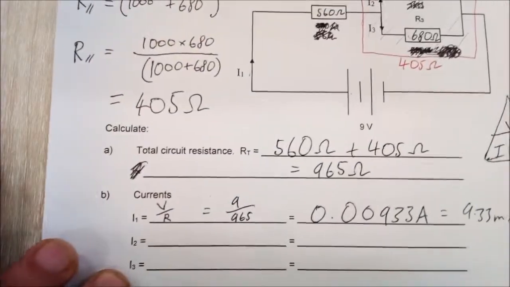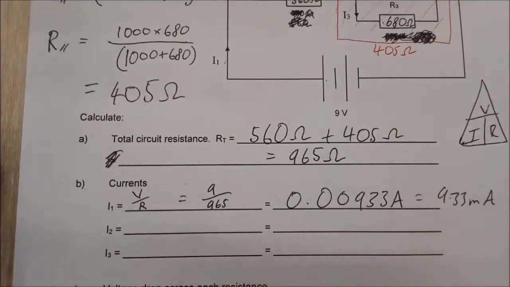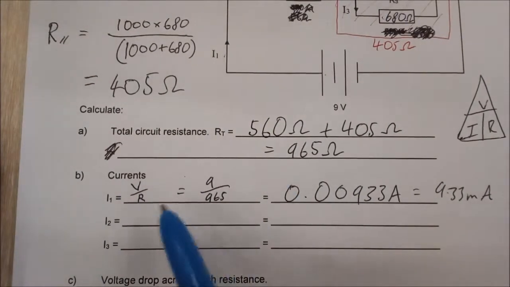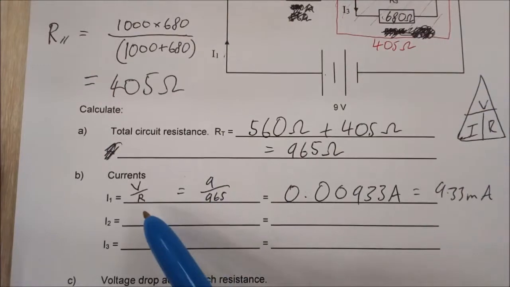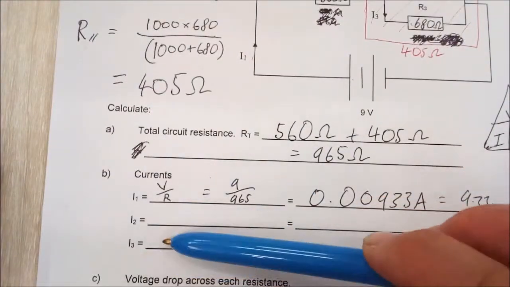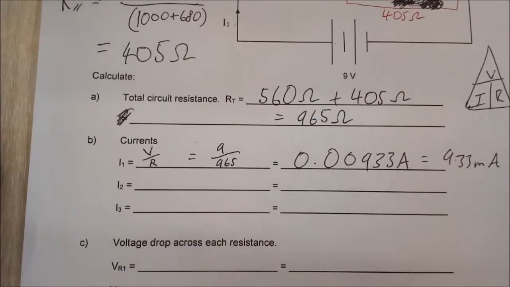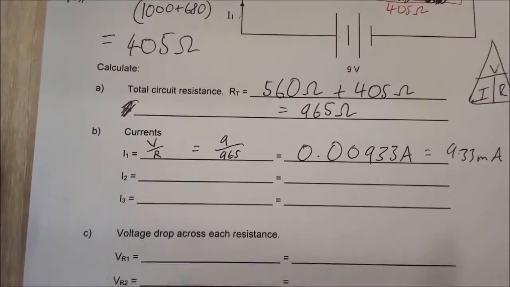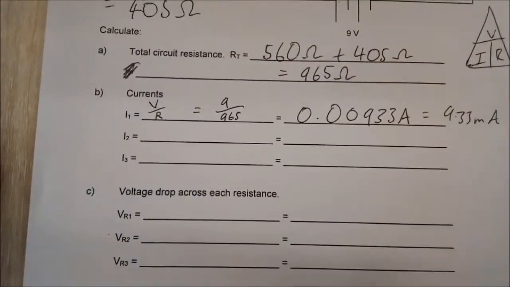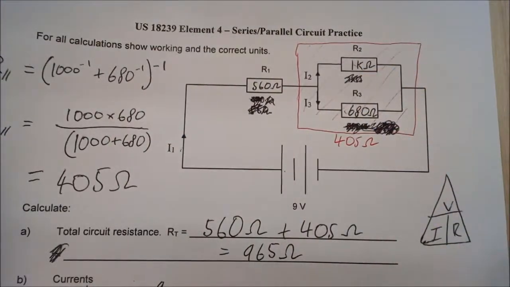And in fact, there will be some questions you'll be faced with where it actually will be that simple. But we're going to go a bit more tricky here and show you what you need to do from here. If they were the same, easy, you could halve it and they'll be the same and you can carry on. However, it's a bit trickier here. The wee problem we have is that the order of questions here is not the order in which you would solve it when you've got a tricky problem with two different resistors.